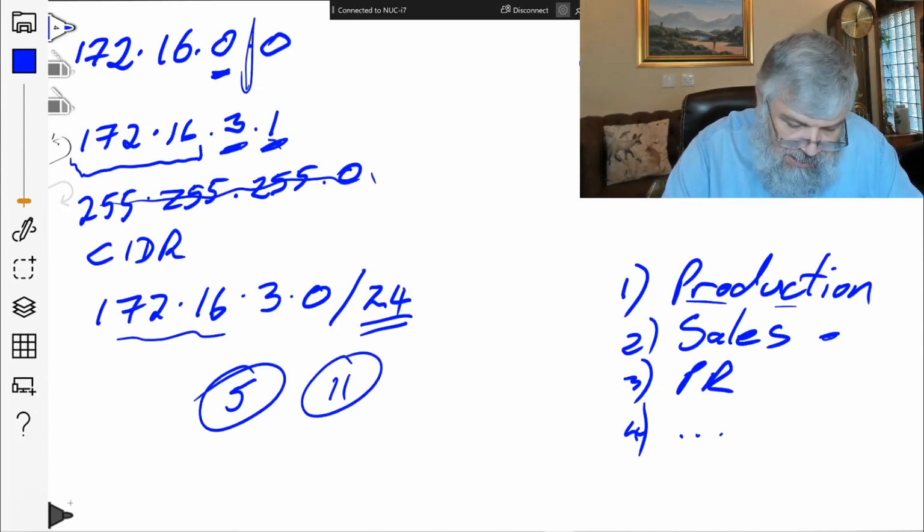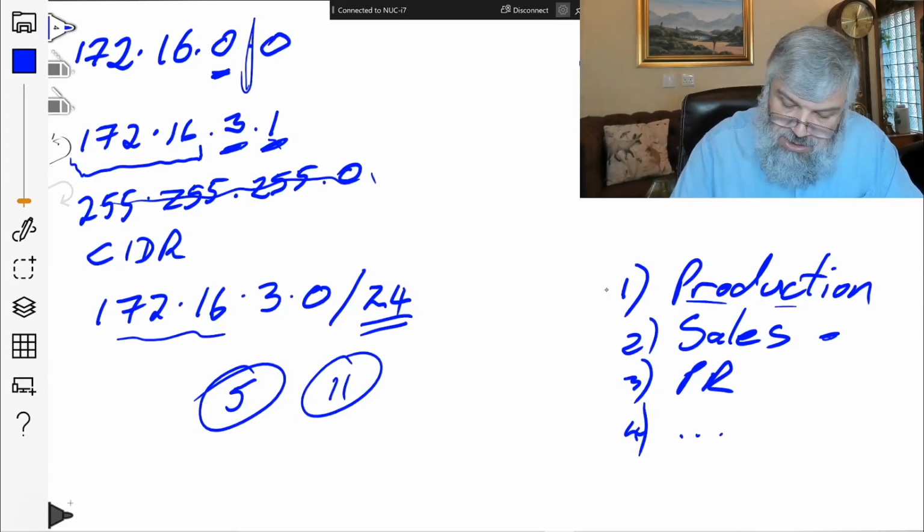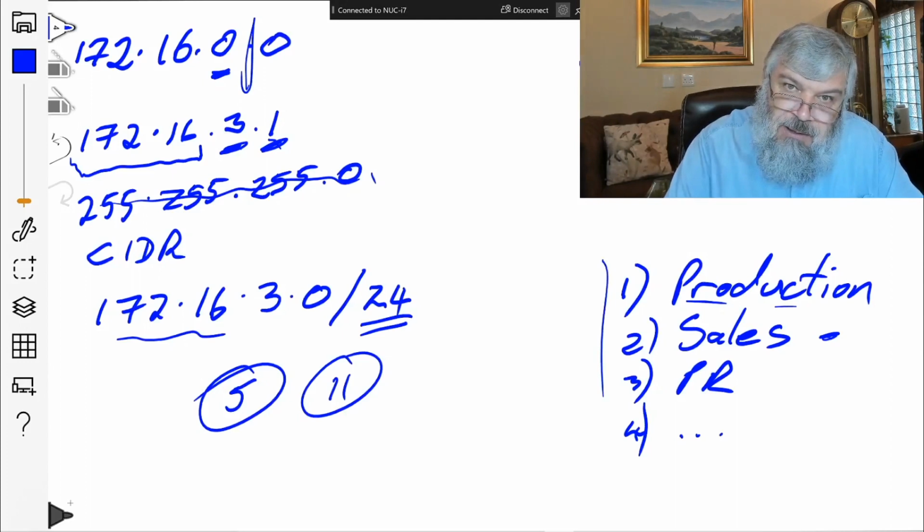What that would mean is I can have up to 2 to the power 5, that's 2, 4, 8, 16, 32 departments that I'm catering for, which, given my initial list, seems very reasonable. But in each of those departments, I can have 2 to the power 11 minus 2. So 2 to the power 11, that's 2,000 computers. And that may be a more realistic subdivision.